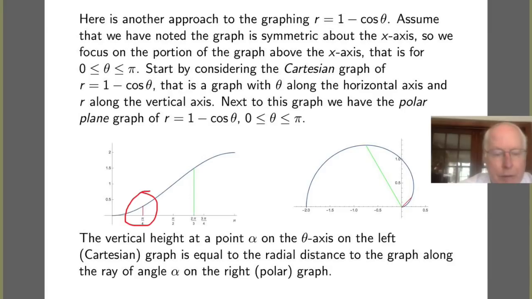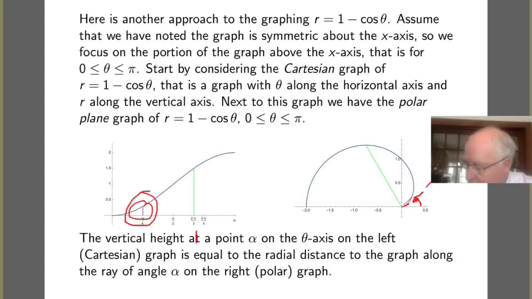You can check the height of that graph. The r value is 1 minus root 2 over 2. And over here on this graph, this tells us that if we make this angle of pi over 4 here and then move out along that ray, we have to go out this distance, this vertical distance, to get our point on the polar graph.